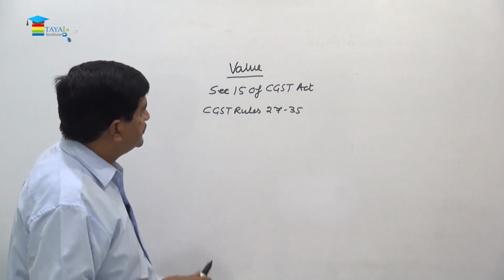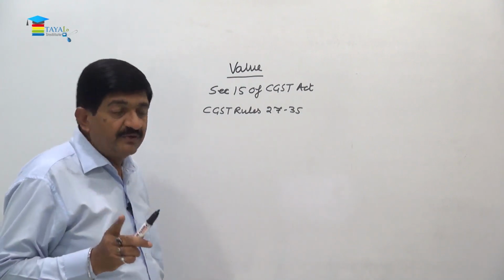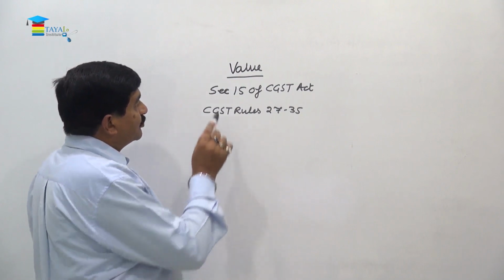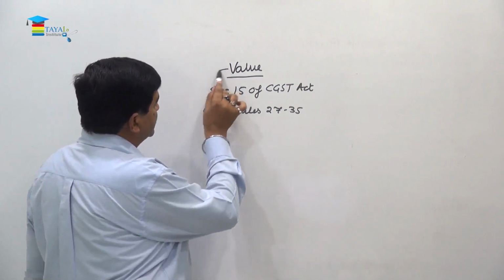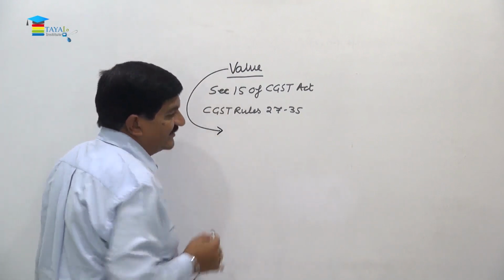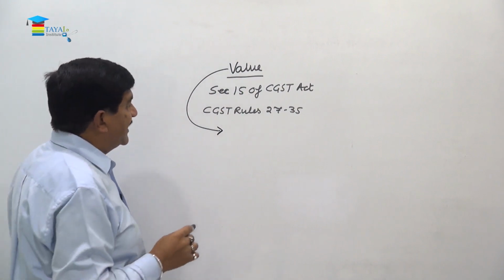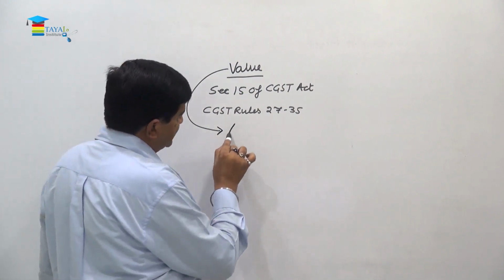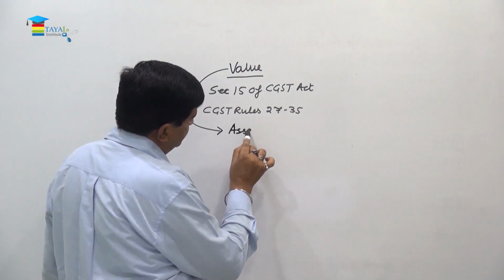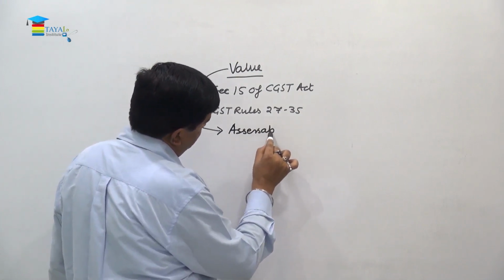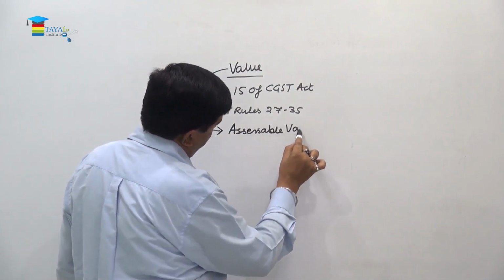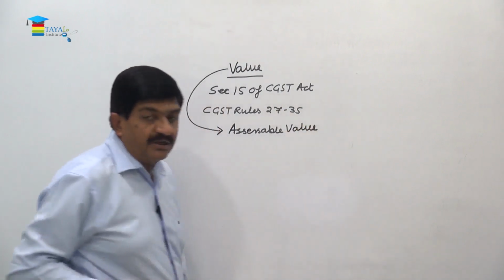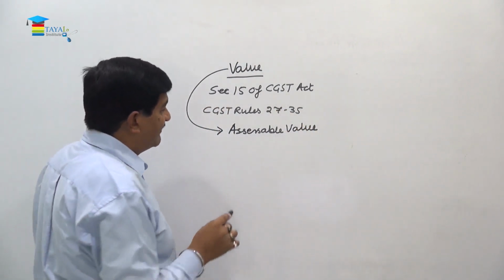Okay? Now the first question is, what is called value and how it is different from price? So value means assessable value. Now what is called assessable value?